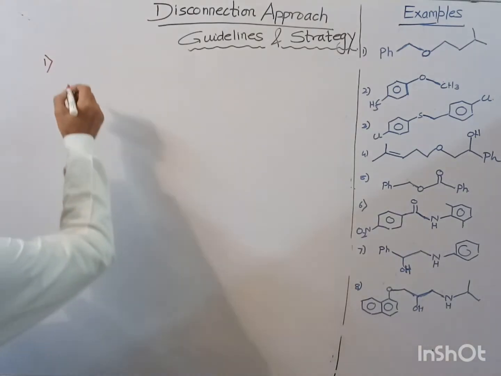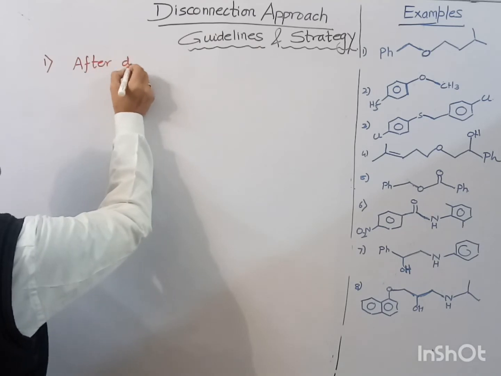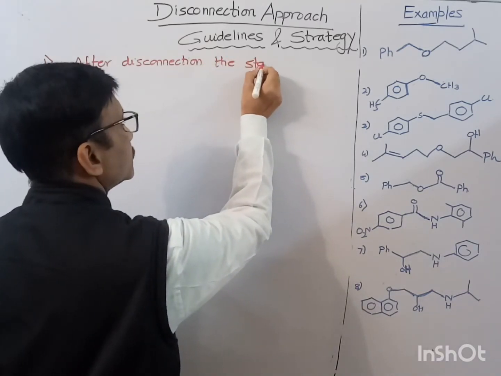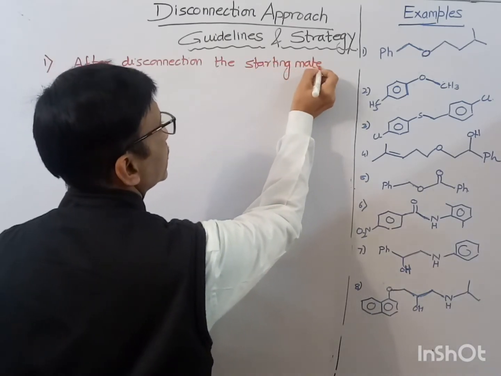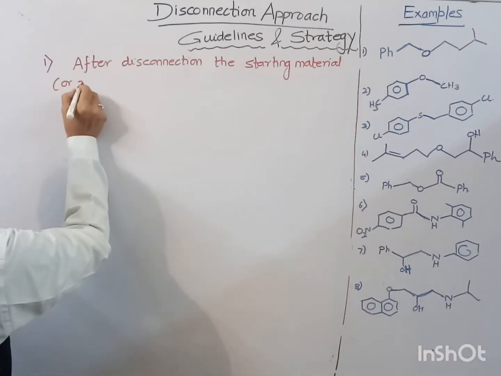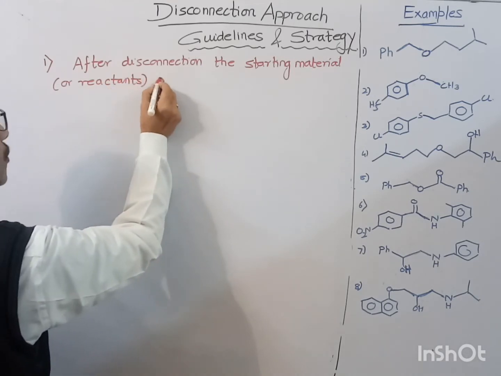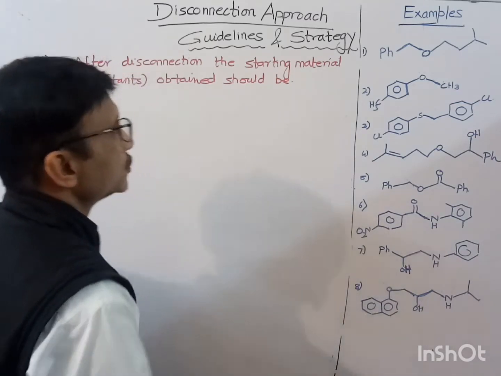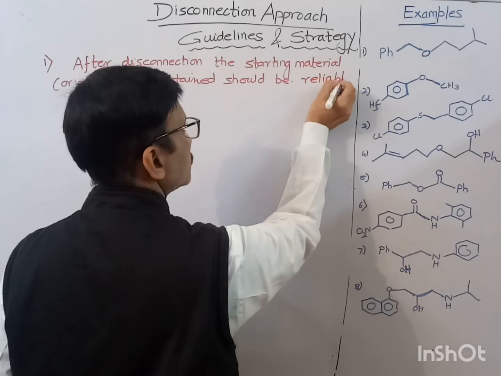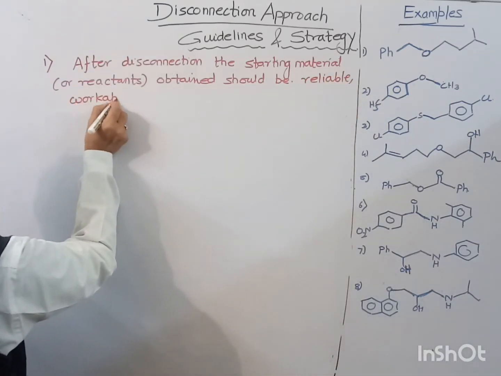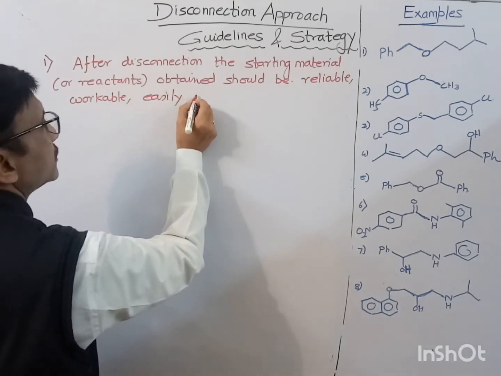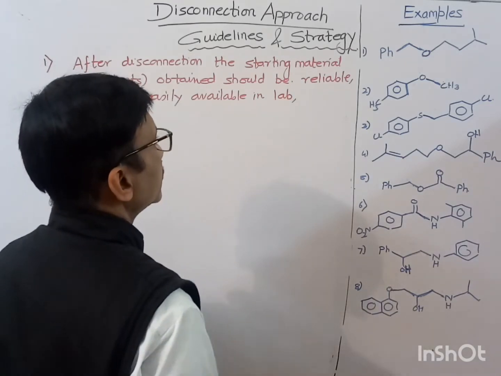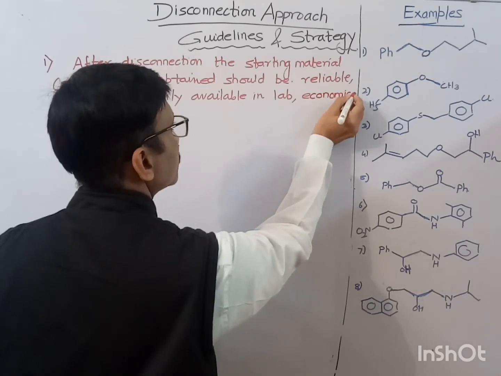So now the first one: after disconnection, the starting material, or you can say the reactant molecule or reactants obtained, should be reliable, workable, easily available in the lab, economical, and giving good yield.